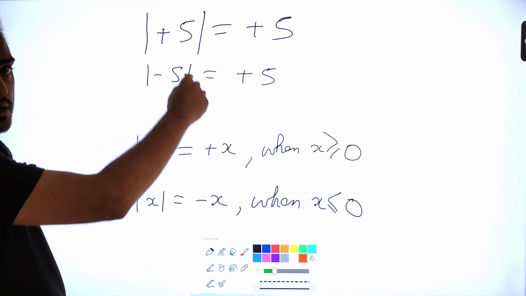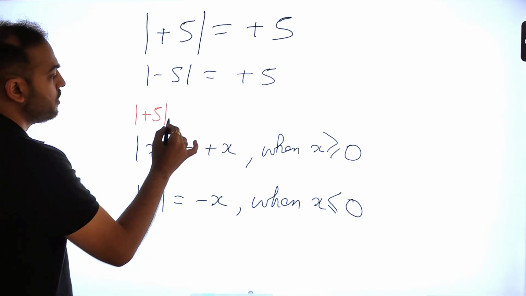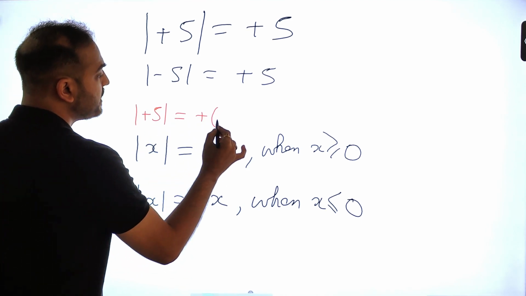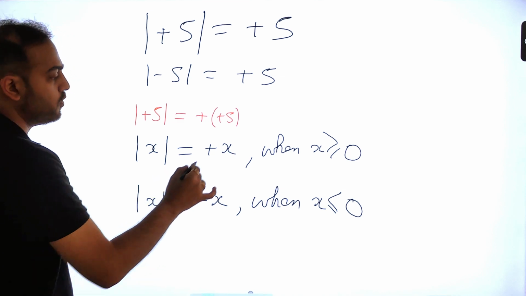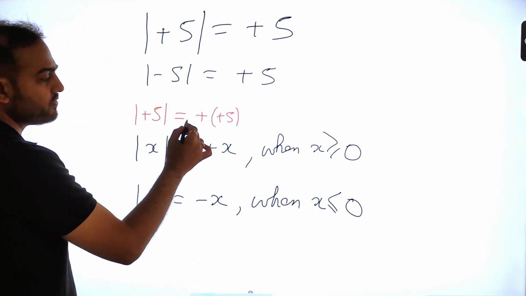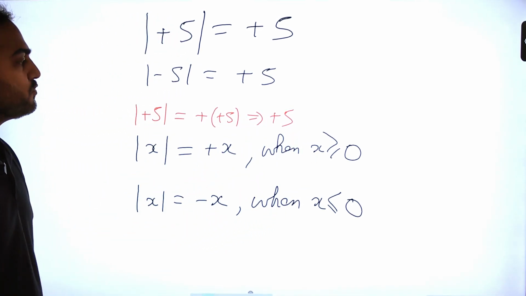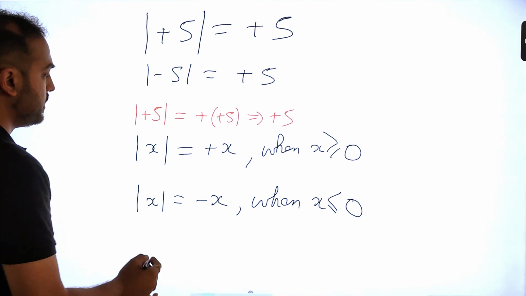Let's look at the previous example. Modulus of plus 5 is plus of plus 5. x is plus 5 here because x is positive, so plus of plus 5, and plus into plus is plus only, so the answer becomes plus 5.